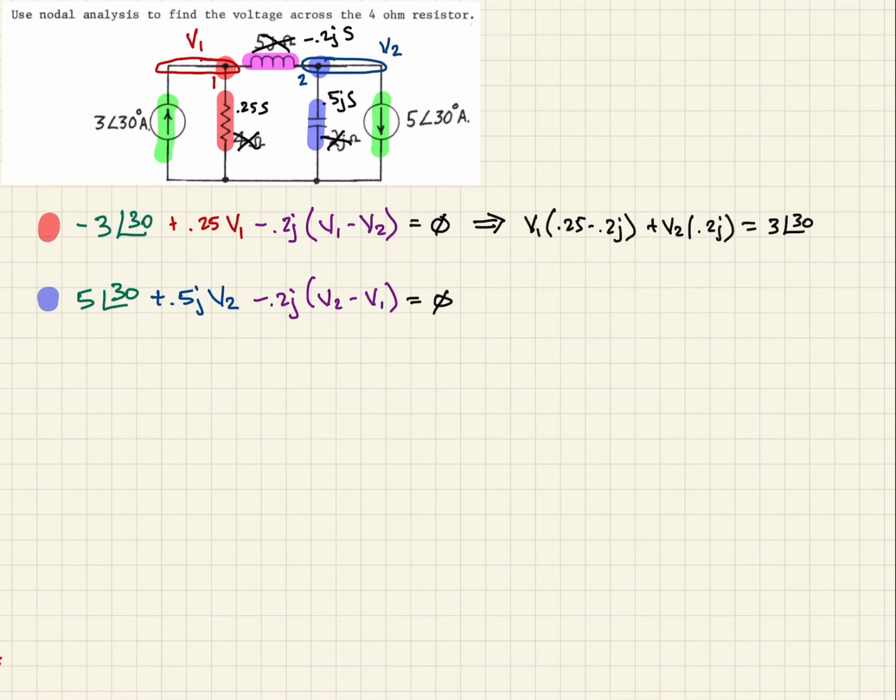Same thing here, we can simplify this equation: V1 times 0.2j, plus V2 times 0.3j, and that's all going to equal minus 5 at an angle of 30.